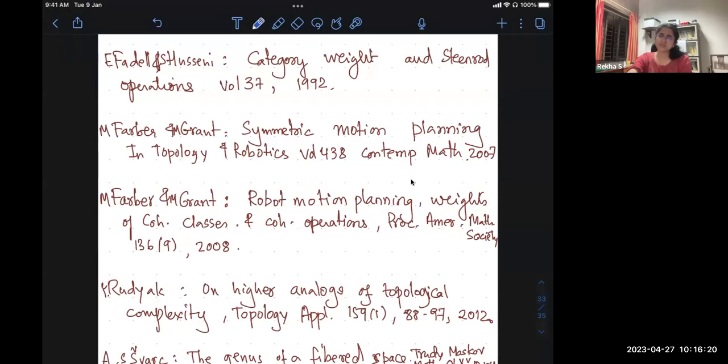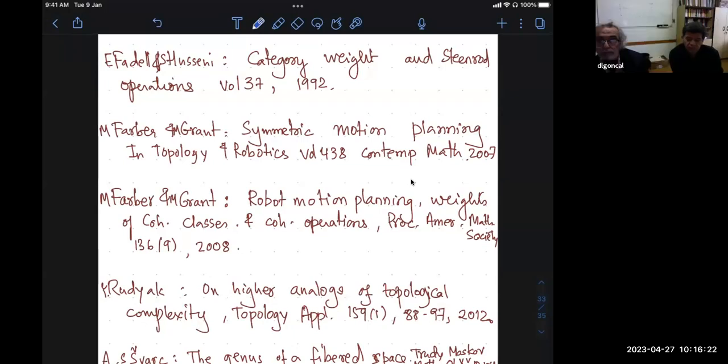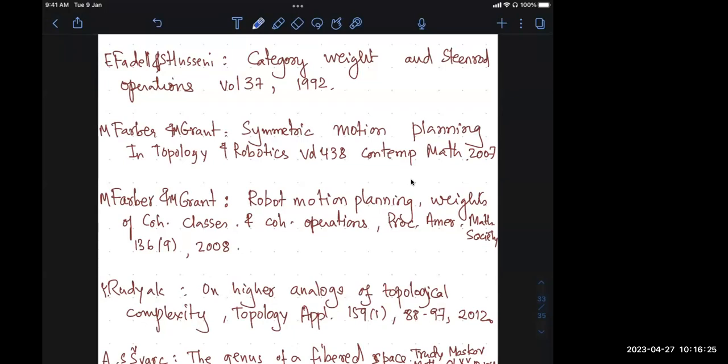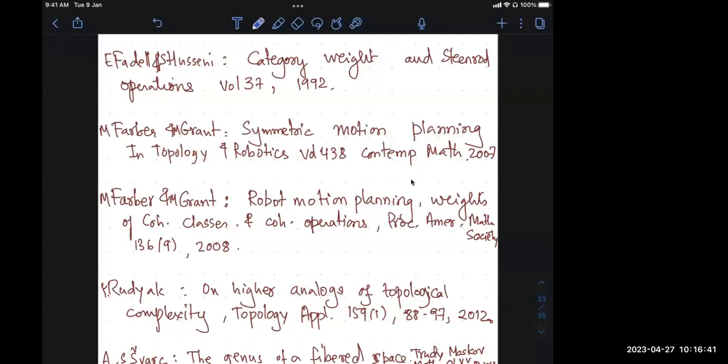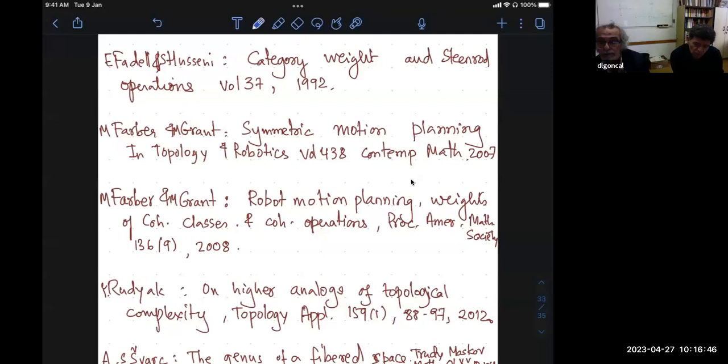For those, I guess we can give, so in that case, one can get the exact value of TC. Exactly. This is a recent result of whoever is talking. I think there is a person who more or less recently computed the TC of lens spaces. So what's the idea again in that case?